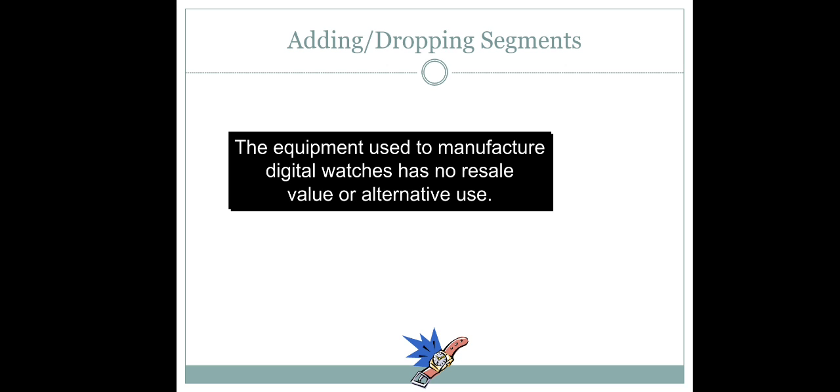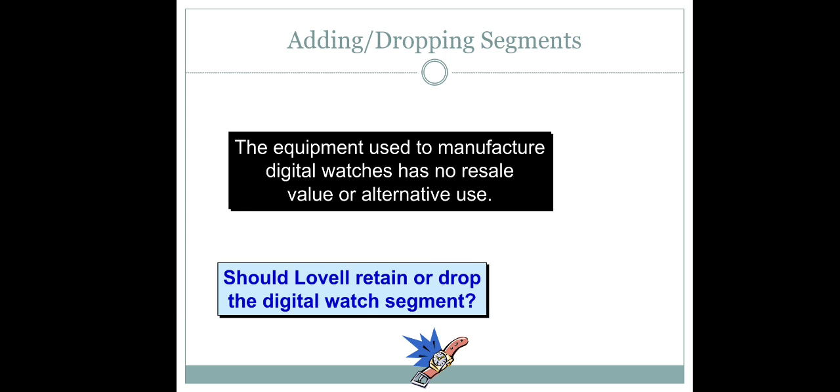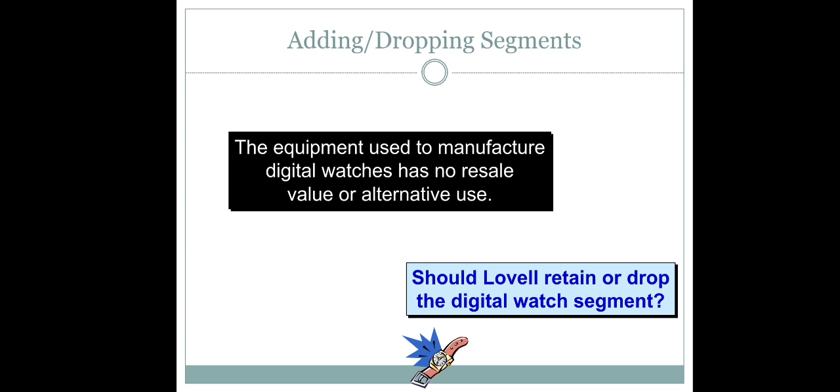It means the business has to keep the machine, the depreciation will continue, and the company still has to record the depreciation expense. Now the question is whether the business should continue the digital watch segment or close it.